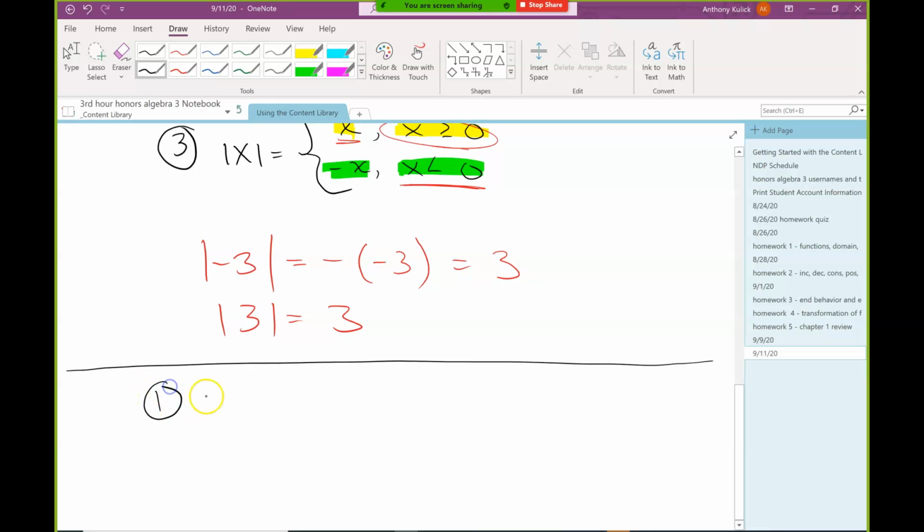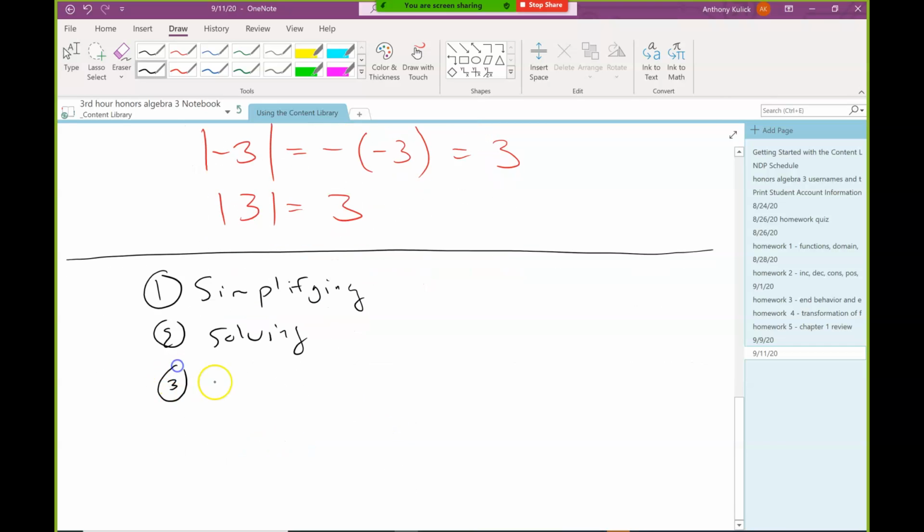So again, simplifying, solving, graphing, and then modeling are the 4 skills that we'll spend some time on, almost every chapter, doing each of these.